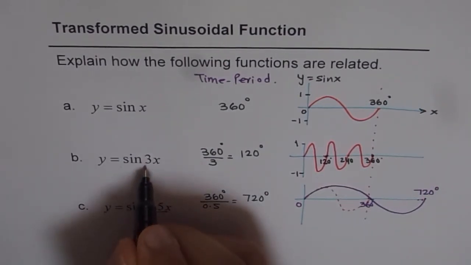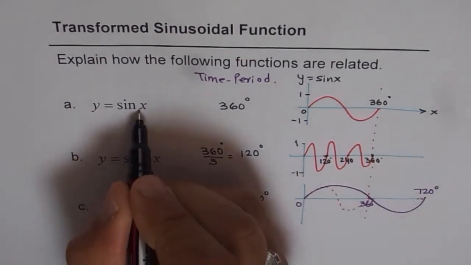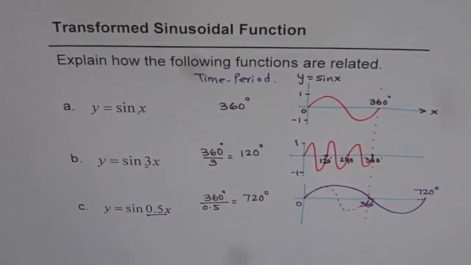And if it is 3, we'll have three waves between 0 and 360 degrees, and here we have just one wave, and the time period is 360 degrees. So that is another way of looking at it. When we have sine x, one cycle is completed in 360 degrees. Sine 3x means 3 cycles are completed in 360 degrees, and the time period of 1 is 360 divided by 3, which is 120 degrees.